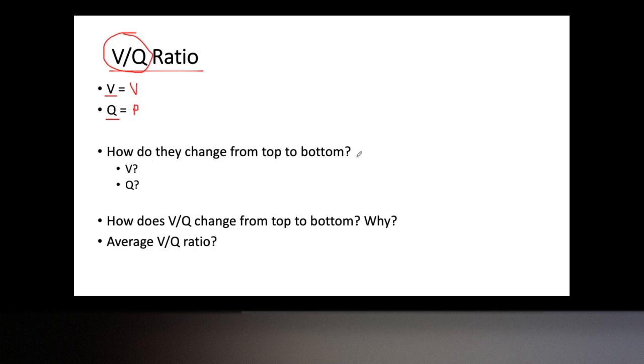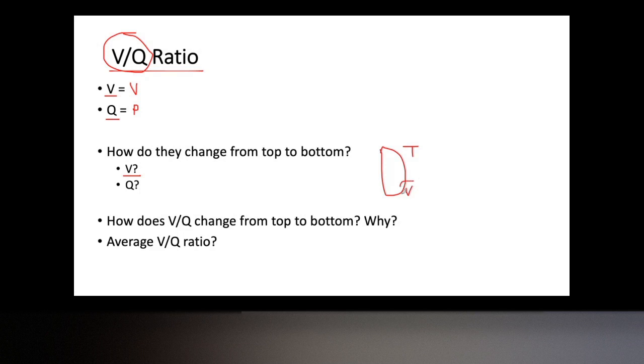How do they change from the top of the lung to the bottom of the lung? Do you know how V, the ventilation, changes from the top of the lung to the bottom of the lung? If this is the top, and this is the bottom. Ventilation is highest on top and lowest on the bottom? Opposite. So the highest V will be found on the bottom.